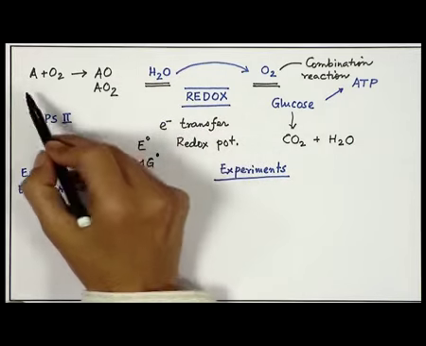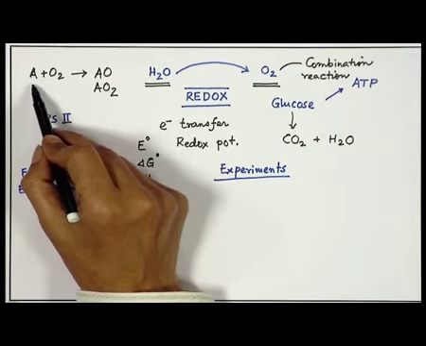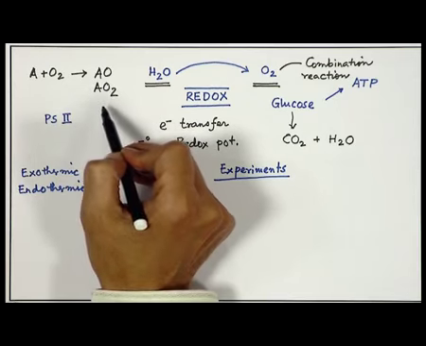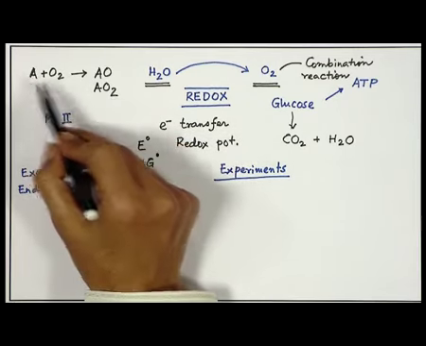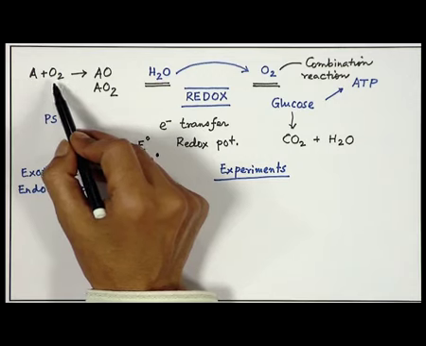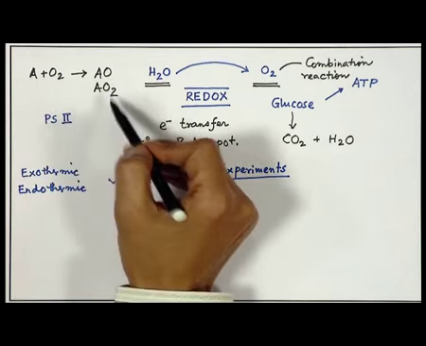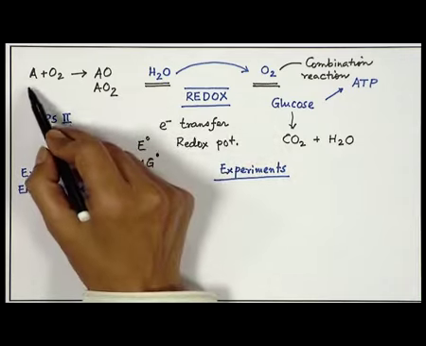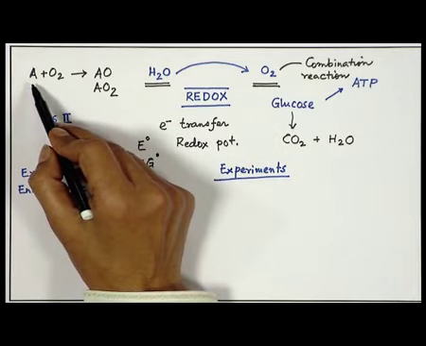Such as if A is carbon C, then we can have carbon monoxide and carbon dioxide formation, and in the same process, since the carbon is getting oxidized due to the formation of carbon monoxide and carbon dioxide, carbon can function as a very good reductant.